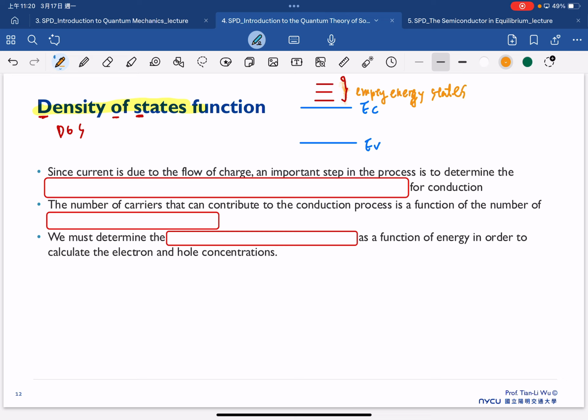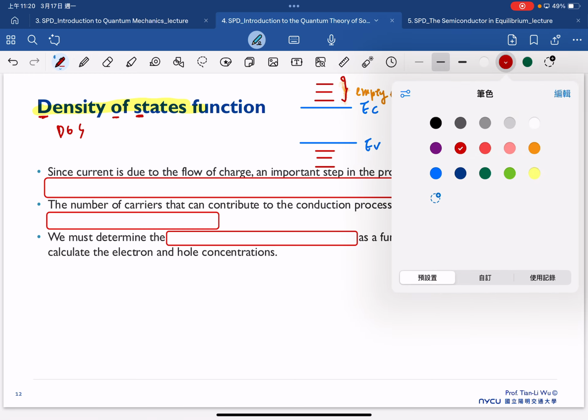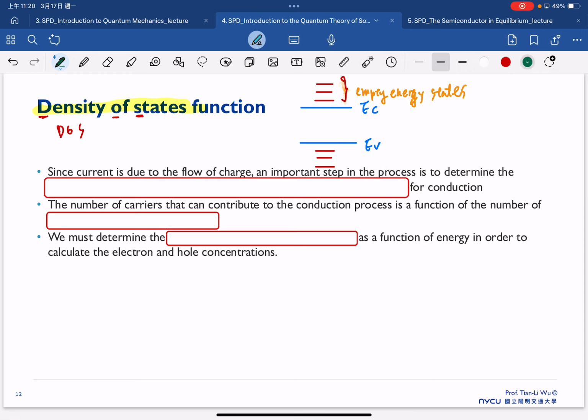And in the bottom of the valence band, we still have energy states as well, but each state is already occupied by electrons. So we have the full energy, we should say occupied.